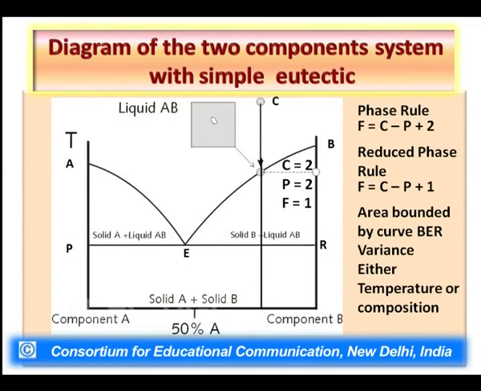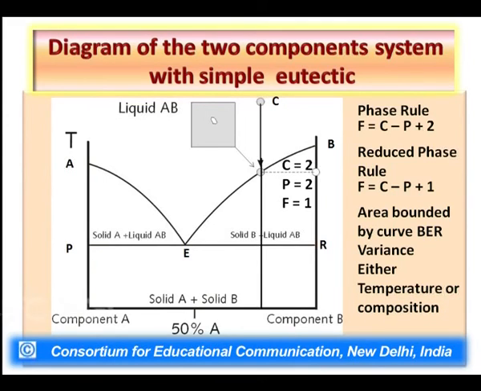So, here also you have two different phases. Any point on curve AE also represents liquid mixture in equilibrium, but this time with solid A. So, curve AE is also the locus of all those points which represent the overall state having two different phases.